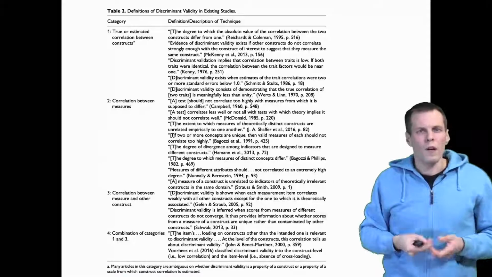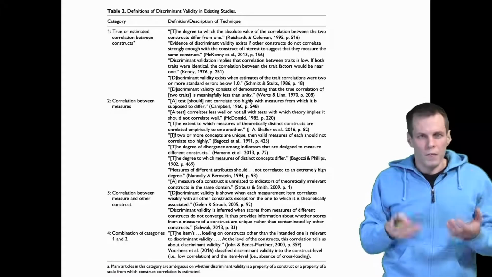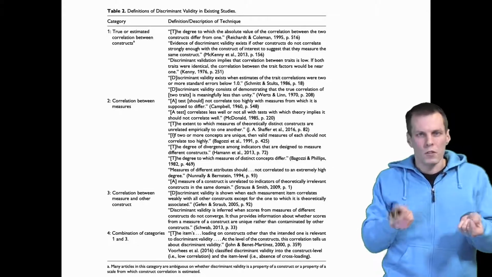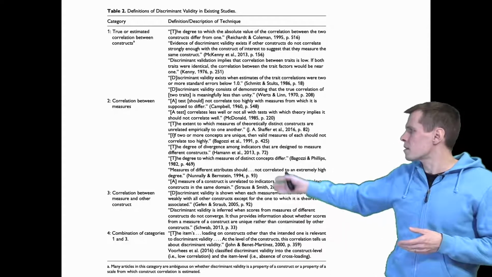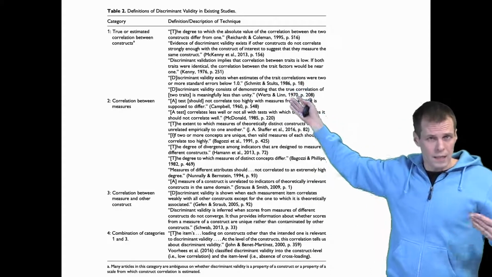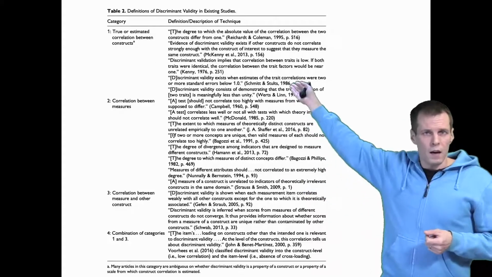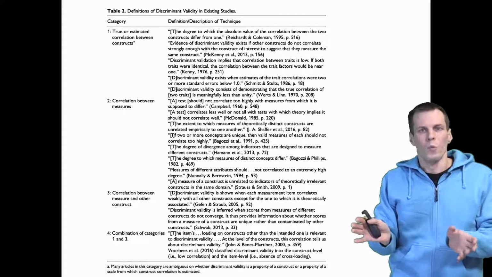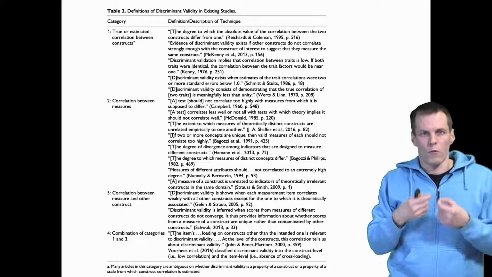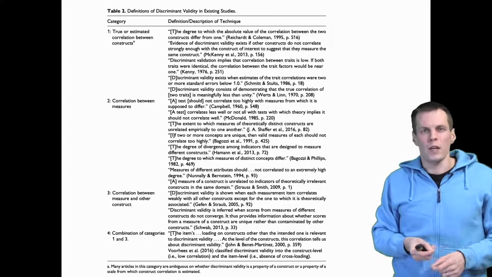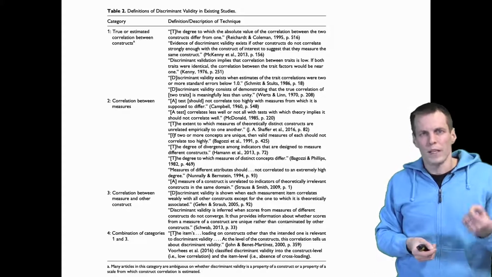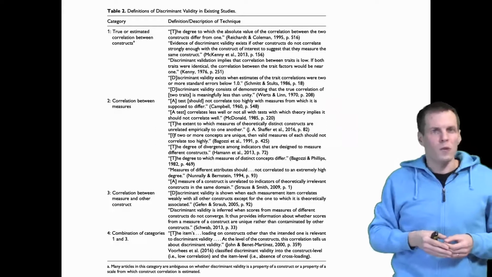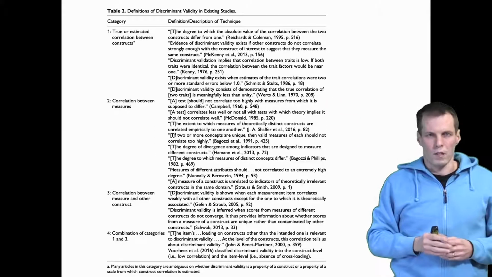There is also confusion around the definition of discriminant validity. When we talk about discriminant validity, what do we actually mean? We found basically four different classes of definitions, and the first class could be further divided into two subclasses depending on whether we interpret what the author writes literally, or whether we try to interpret what the author might mean by what they write. The first group is a correlation between constructs, or estimated correlation between constructs.